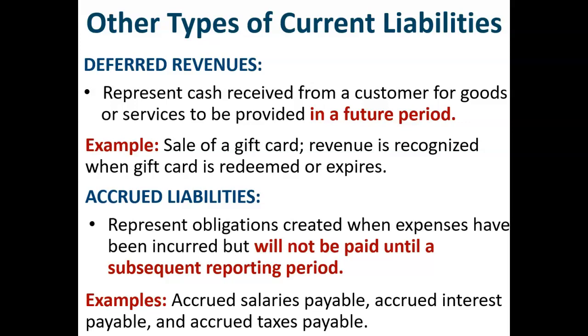In this case, the company would report salaries payable as an accrued liability in the current year's balance sheet, as well as the related salaries expense in the income statement. Other common examples of accrued liabilities include interest payable, taxes payable, utilities payable, and legal fees payable.